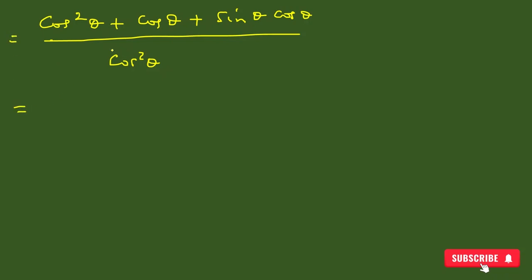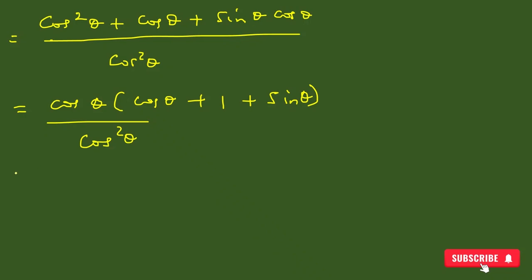So we want to factorize out the common factor. You see that cos theta is common in the numerator. So here we remain with cos theta times, plus this remains a 1 plus this remains sine theta, over cos squared theta.